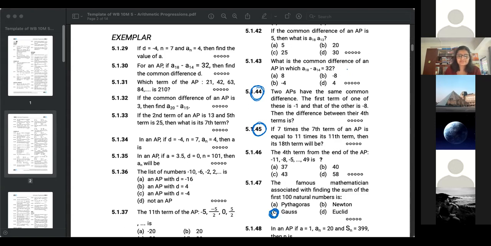I thought it was a mathematician. Yeah, because Pythagoras was only right angle triangle. Newton was related to physics. I eliminated like that. And then Euclid was again related to lemma and all. But when it comes to scientists, Newton is related to physics, Newton's laws and all, but he's also the one who invented calculus, which is a branch of mathematics.